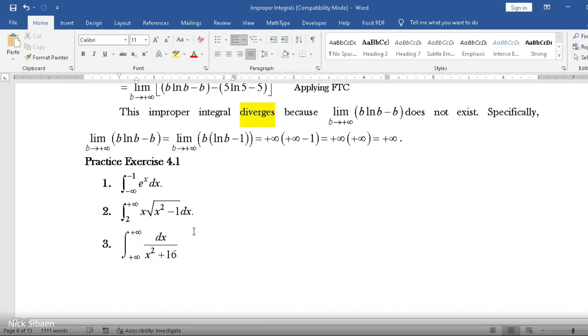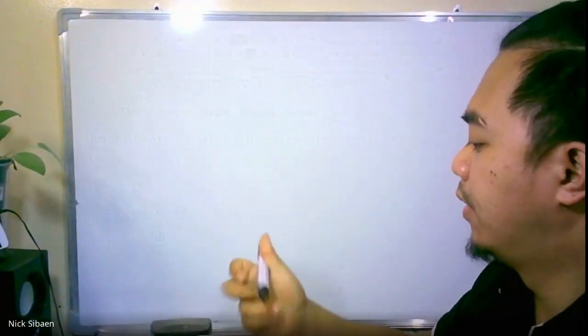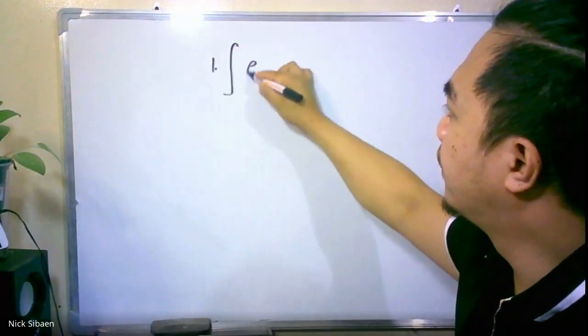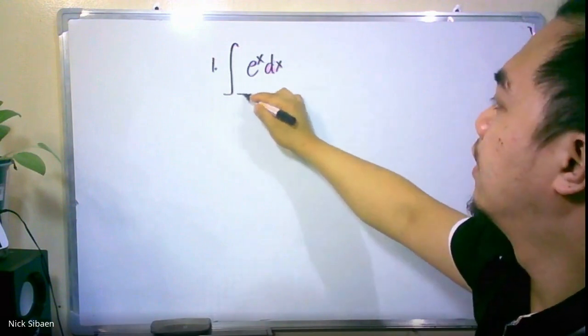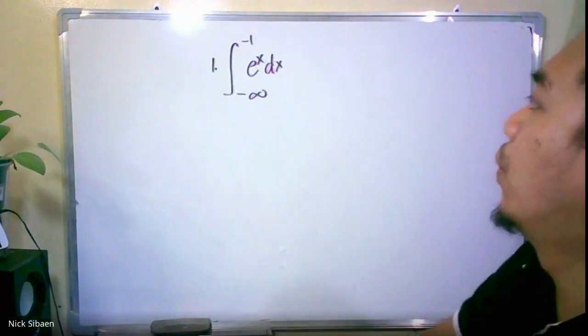Okay, so anyway, sagutin natin ang mga ito. Sulat ko na lang ulit dito sa board natin. So the first one, that's the integral of a very simple function, e raised to x dx, from negative infinity to negative 1.